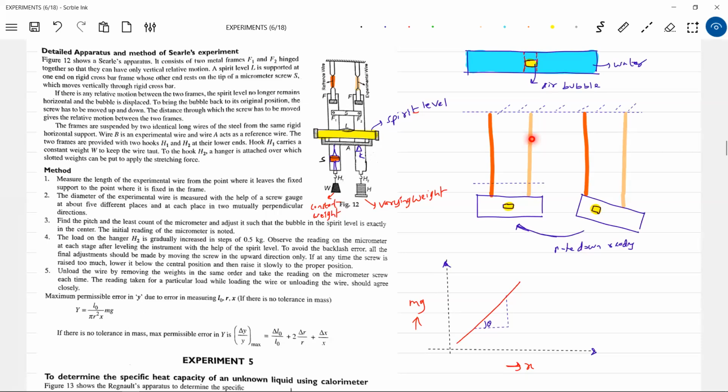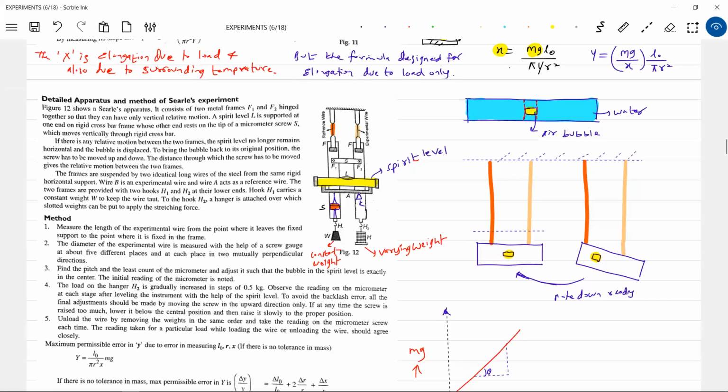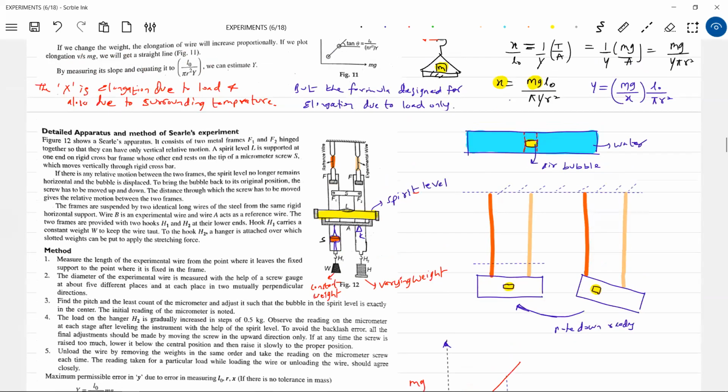Suppose by chance temperature increases, how much this will elongate, that much this will also elongate. So using the Searle's double bar apparatus, the effect of temperature is nullified. Getting the trick? The previous problem was not like that. You can't do anything about the elongation due to variation in temperature.